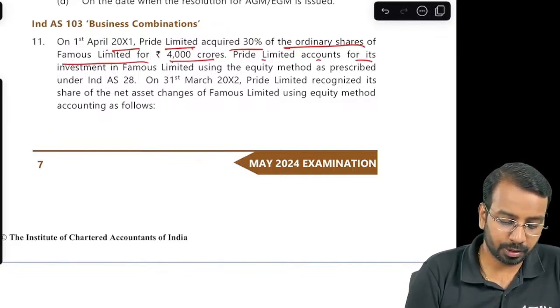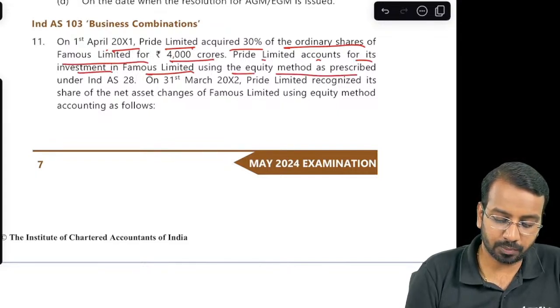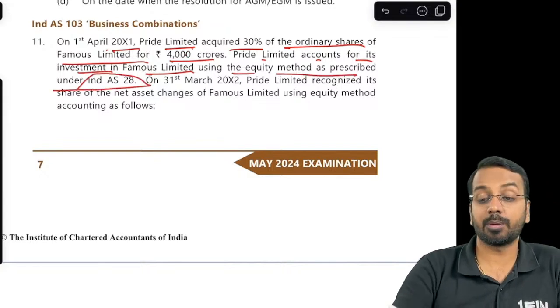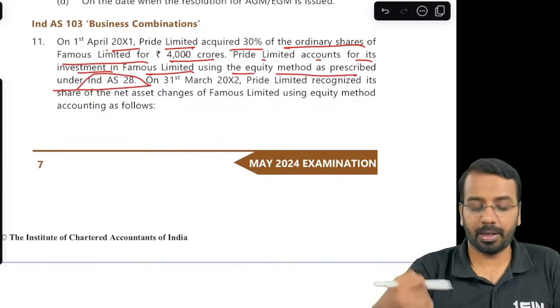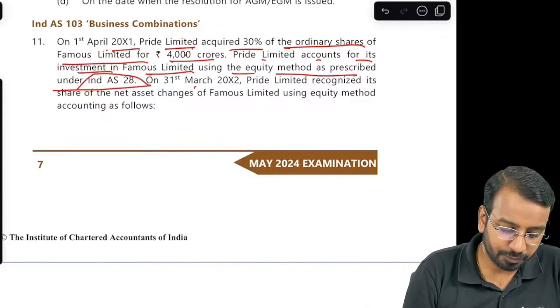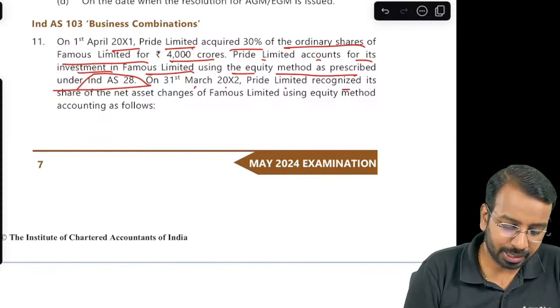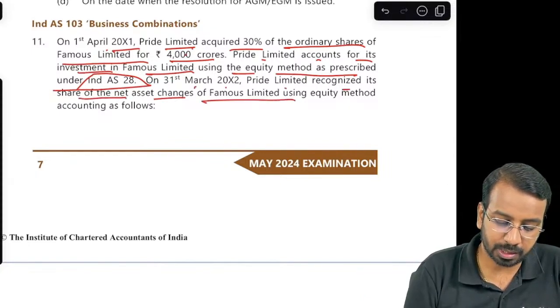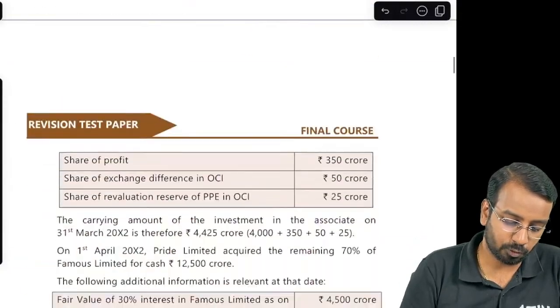Pride Limited accounts for its investment in Famous Limited using the equity method as prescribed under Ind AS 28. That is initial cost plus share of profit minus losses, etc. On 31st March, Pride Limited recognized its share of net asset changes of Famous Limited using equity method accounting as follows.